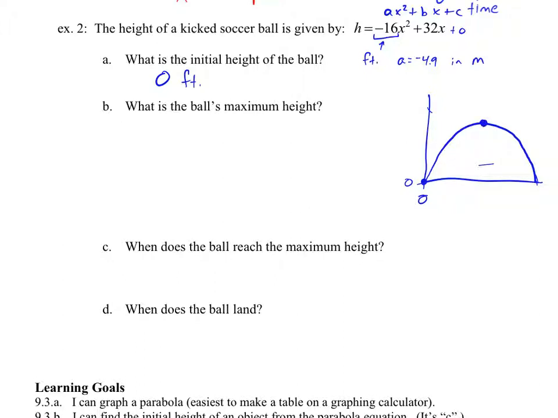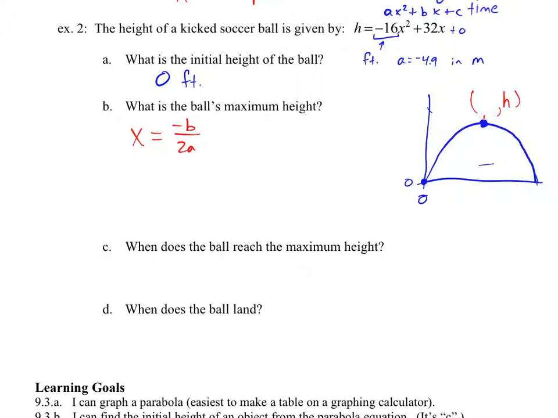So what's the ball's maximum height right there? That's our vertex. So to find it, we're looking for this number right here. Agreed? The height, or the y value. We can't find the y value right away. First we need to find the x value. And x equals negative b over 2a.